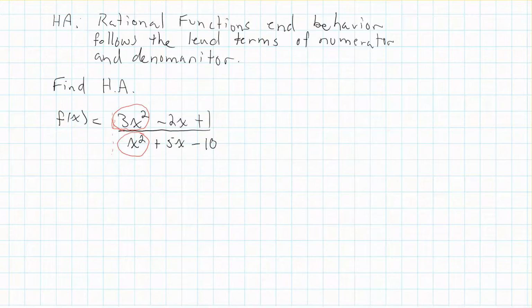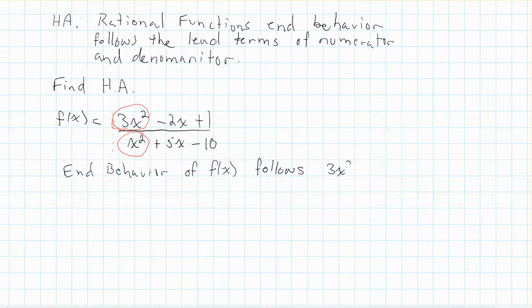So the end behavior of f of x follows 3x squared over x squared. But then just simplify this down. 3x squared over x squared simplified down is just 3. So the end behavior follows 3x squared over x squared, which is equal to 3, which tells me then my horizontal asymptote is y equals 3.